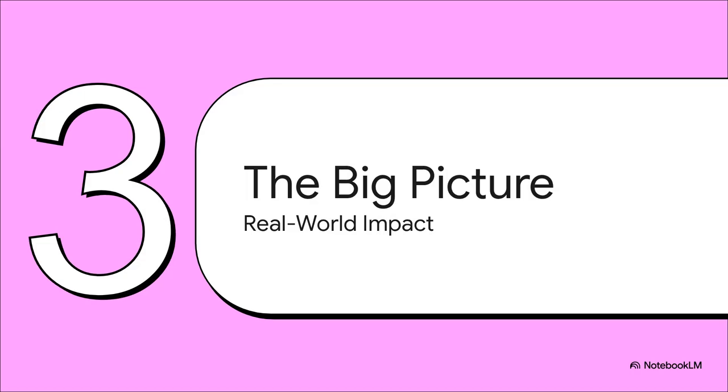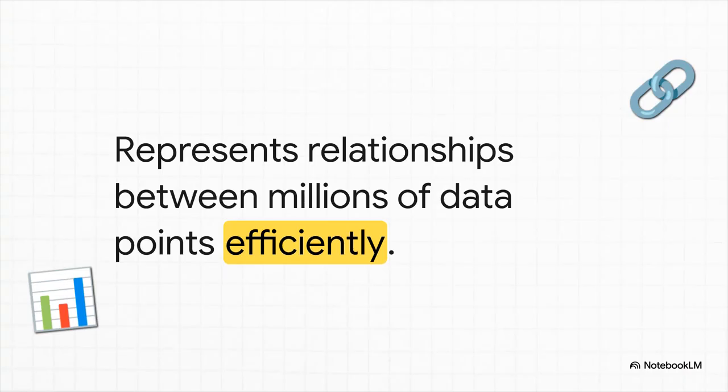All right, so let's zoom out a bit, because this is way more than just a clever trick for a college class. This whole idea of sparsity is kind of like a secret weapon in some of the coolest tech fields out there today. Take data science, for instance. Imagine a giant chart with every single customer of a huge online store on one side and every single product they sell on the other. Most people haven't bought most products, right?